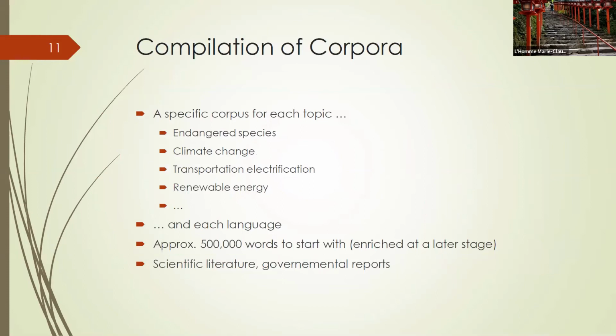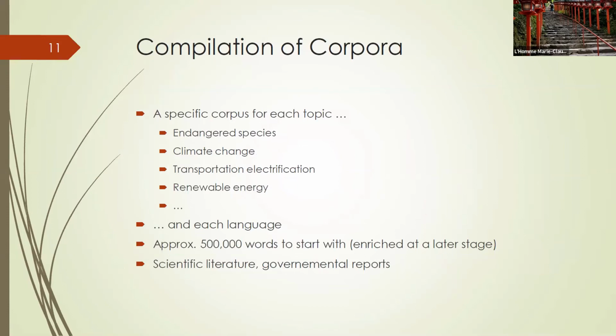So the first step, as I said, is compiling a corpus. This is something that terminologists must do. We compile a specific corpus for each topic. The environment is very broad and covers many different topics. And we do this for each language.